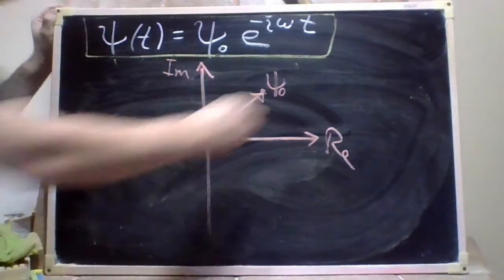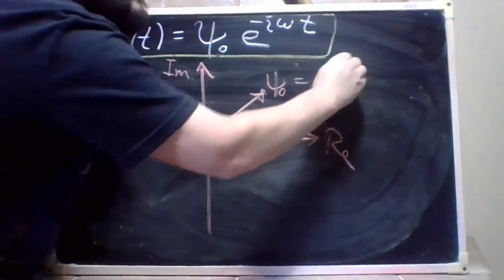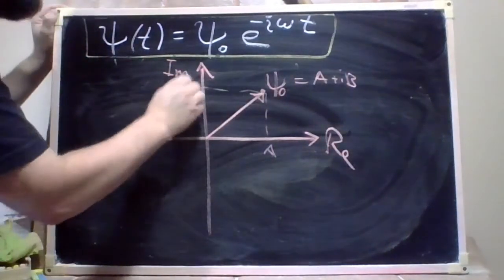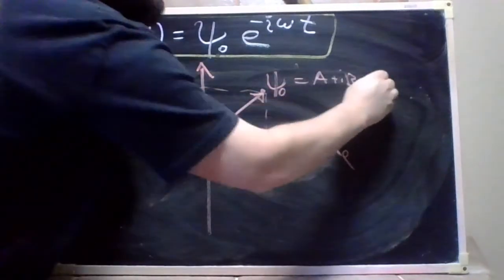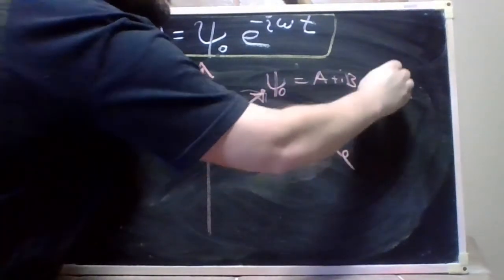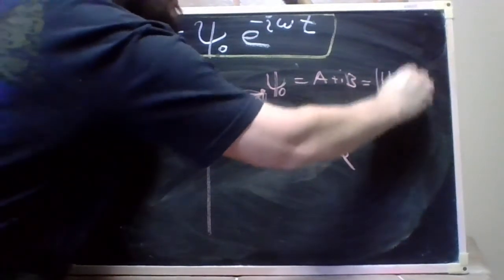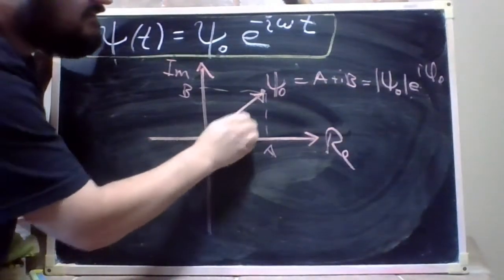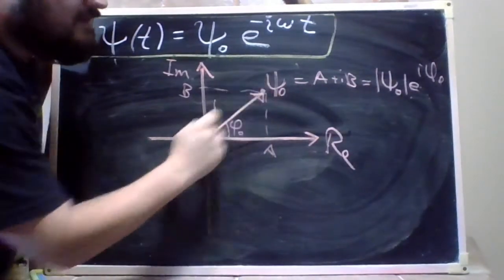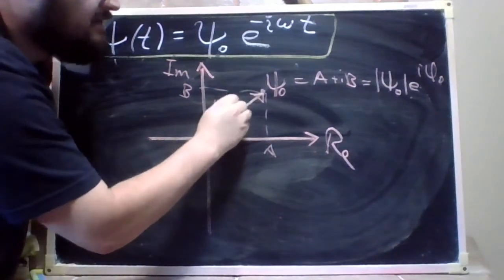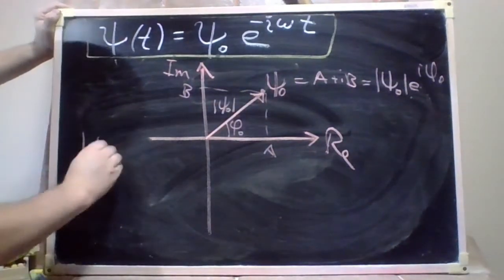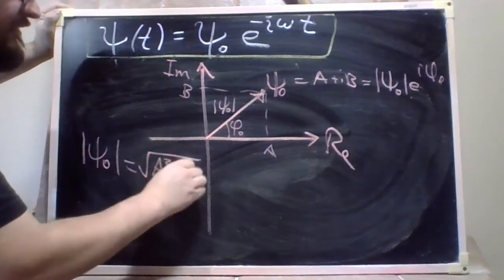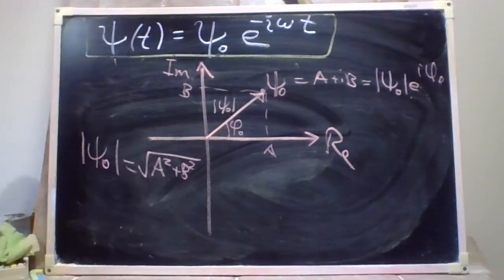And it's a complex number. It has a real part and an imaginary part, so the real part is here and the imaginary part is here, and this can be put in the form of modulus, the modulus of psi 0, and the initial phase, say phi 0. So this is the initial phase, and this is the modulus, the size of this complex number here. We already know a complex number has a modulus, which is equal to the square root of the sum of the squares. So that's it.